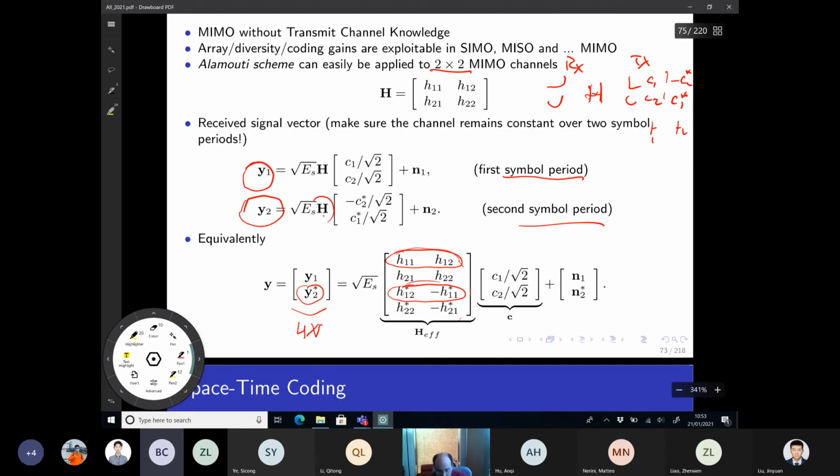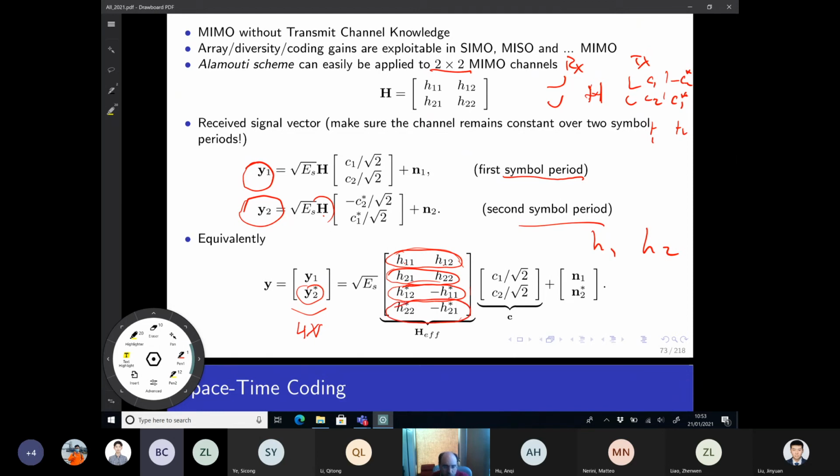This is what we had earlier in the MISO case, where we were simply calling them H1 and H2, because I had a single receive antenna. So the first index here is for receive antenna 1. Now, additionally, because I have multiple receive antennas, I have the channel gains corresponding to the second receive antenna.